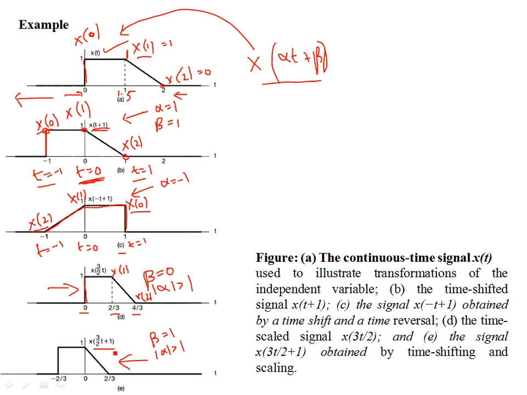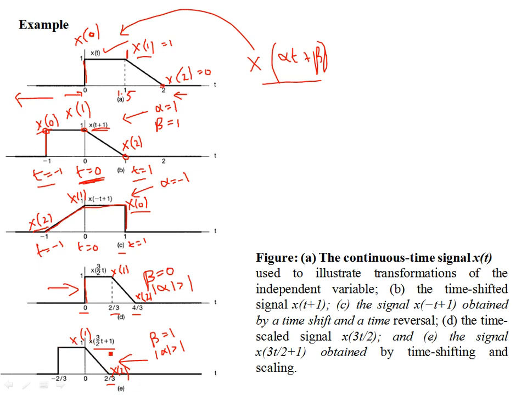To make this simpler, again, you can go back to the basics. You substitute the value of 2 by 3 over here. This is going to produce 1. So this is your x2, which is 0. Then at 0, this is x1. x1 is 1, x2 is 0.